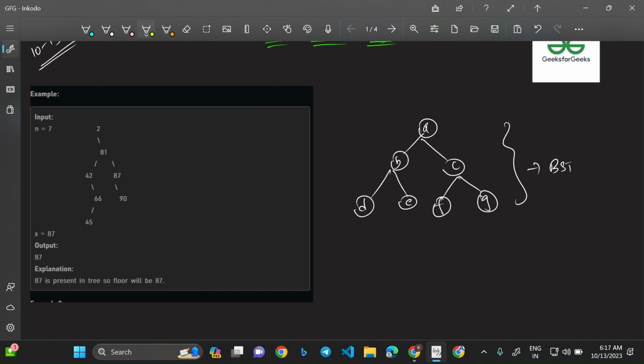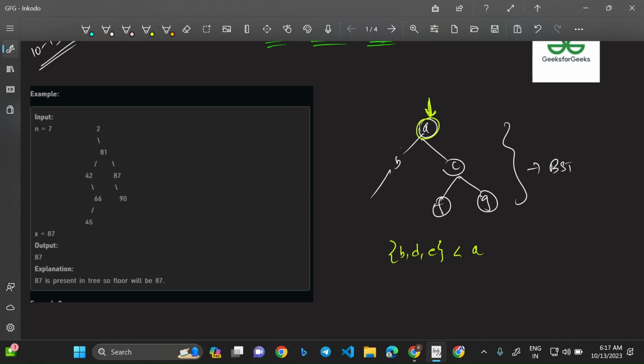Let us assume I'm standing on this position, A. For this to be a binary search tree in regards to A, I need to have B, D, E, these are all the values, the data present in those particular nodes, should be less than A. Let me color this with a different color.